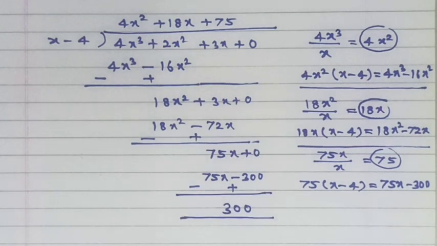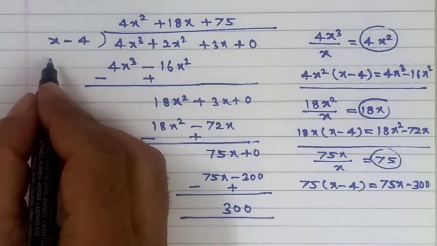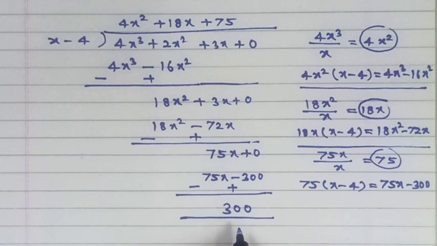Here you have to stop because you cannot divide it further. The order of the term here, the constant term 300 which you found now, is lesser than the order of your divisor, so the operation of division ends.